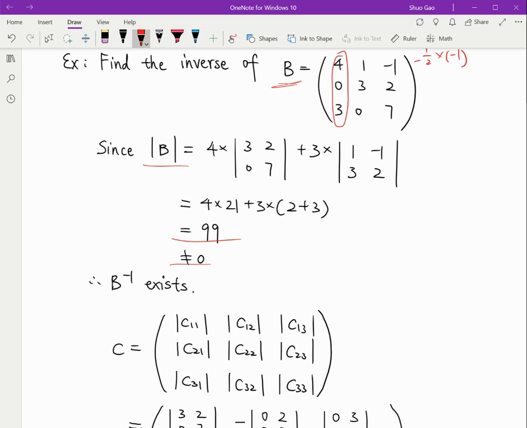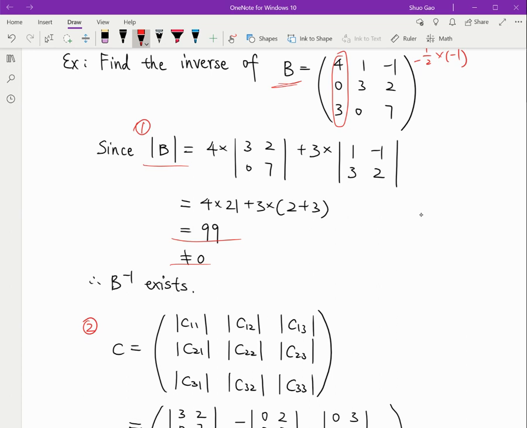We can do that, right? So the first step to find the inverse of B is to find the determinant, which we have already done. It's 99. And the second step is to find the cofactor matrix C. So the C matrix should be C11, C12, C13, C21, C22, C23, C31, C32, C33.